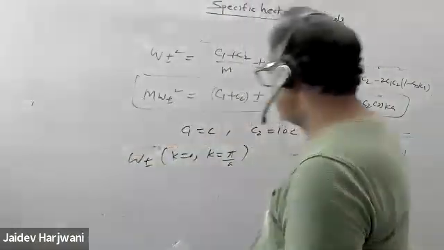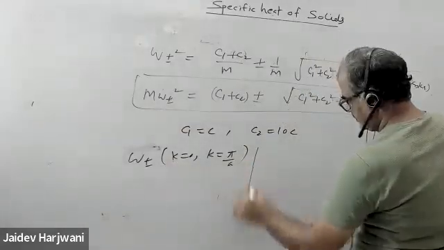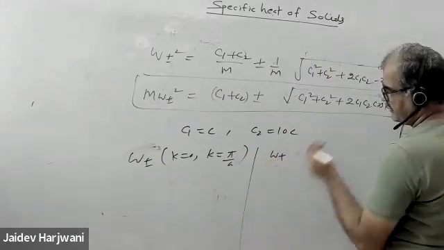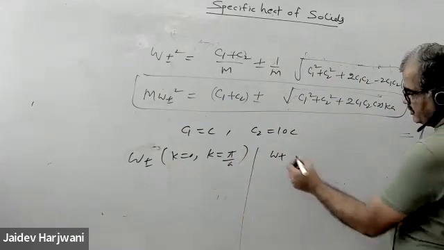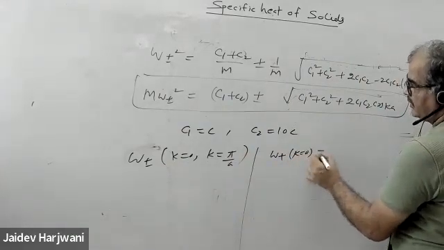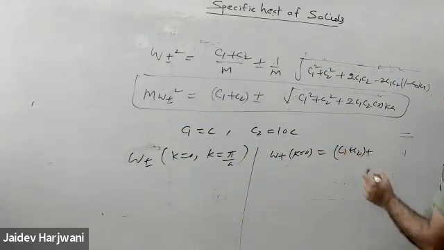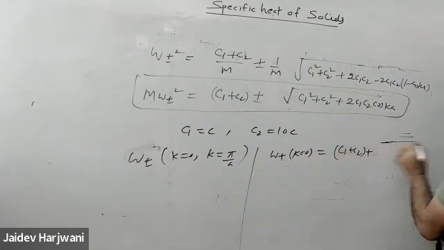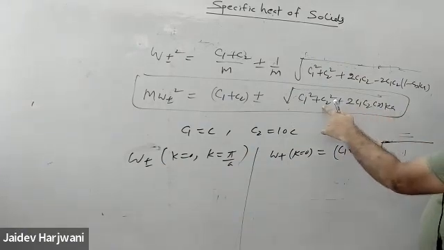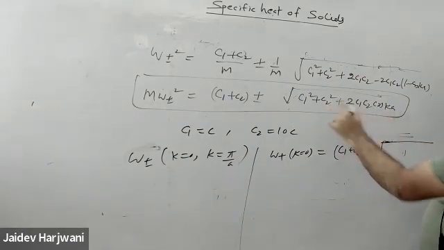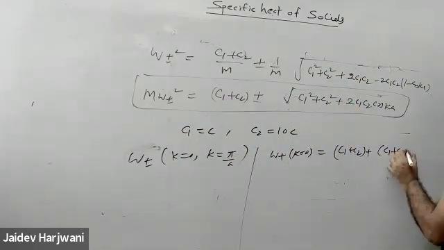Okay, so first if we solve this one for omega plus, at k tends to 0, this becomes C1 plus C2, so I'm taking plus, this should be plus, and as k tends to 0, this becomes 1, so this becomes C1 plus C2 whole square. So this becomes C1 plus C2, C1 plus C2.